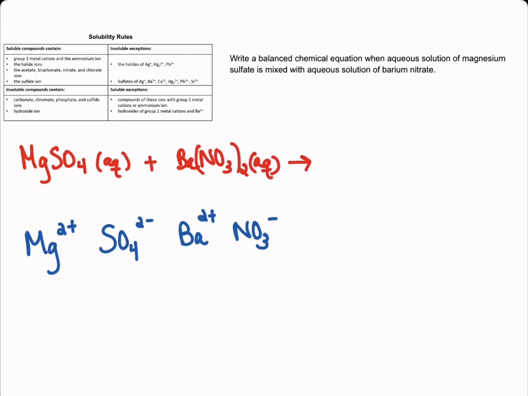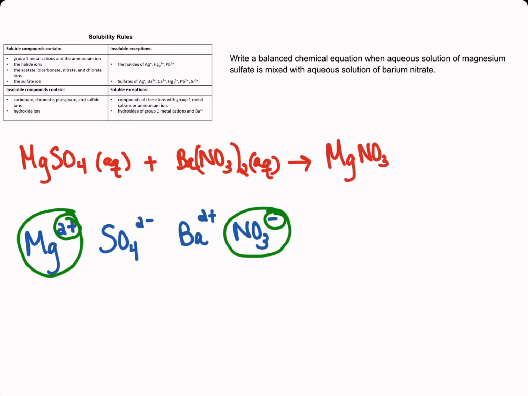So I'm going to go ahead and pair up my cations with a new anion. So magnesium is going to bond with nitrate. I'm going to crisscross its charges and make up a new molecule. I want to see what type of phase this gets. So I'm going to look up my nitrates, and nitrates are right here, and nitrates are soluble. So soluble means it gets the AQ symbol.